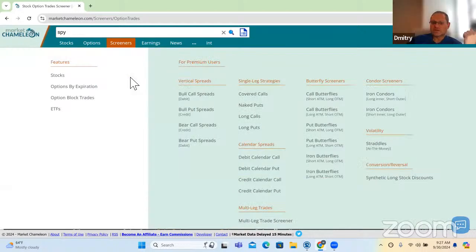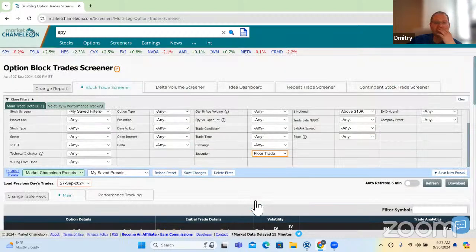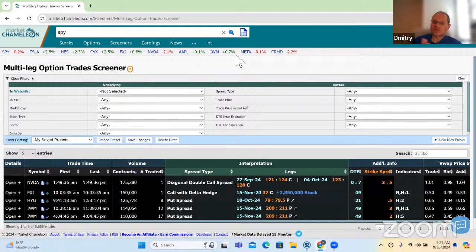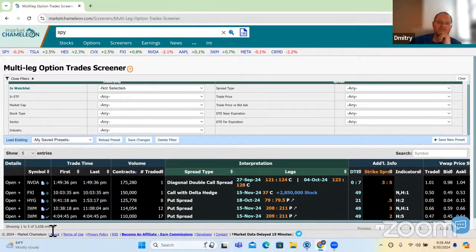So what we did was create a tool here in multi-leg trades. If you go to here, this shows the multi-leg trades, and we matched them up with the timestamps and so forth, and made an interpretation of what we think are the most likely strategies. So here you have a list, there's over 5,600.